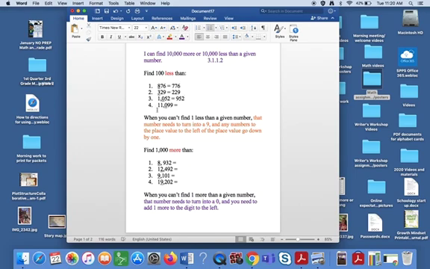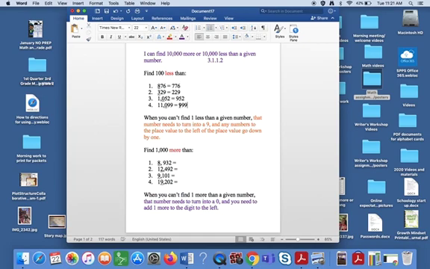Okay, so let's try this again with 11,099. I want to find 100 less, so I underlined the hundreds place value. That needs to turn into a 9, and the 2 place values to the right of it also turn into a 9.